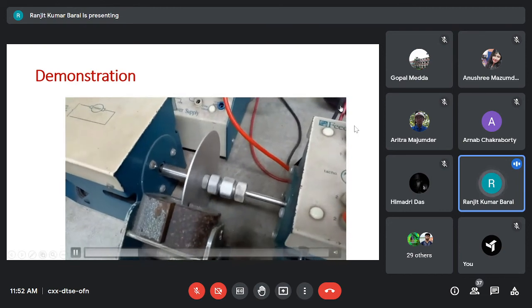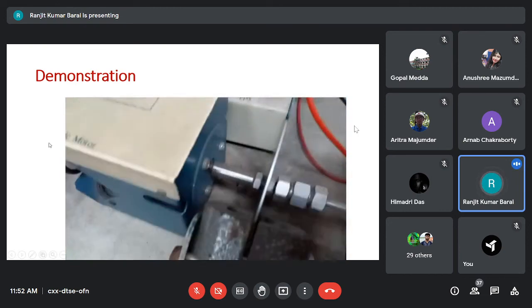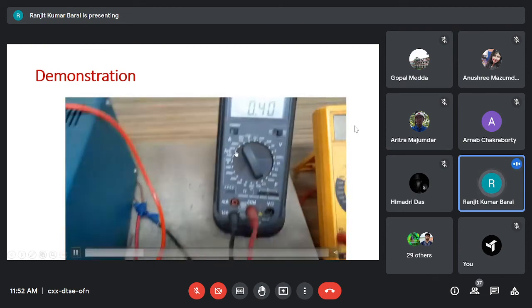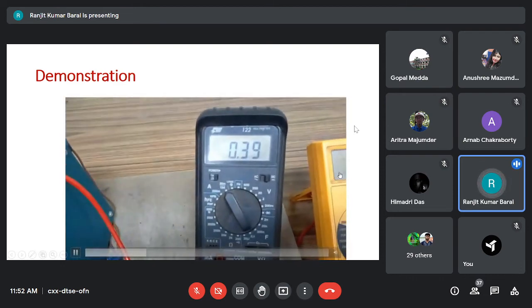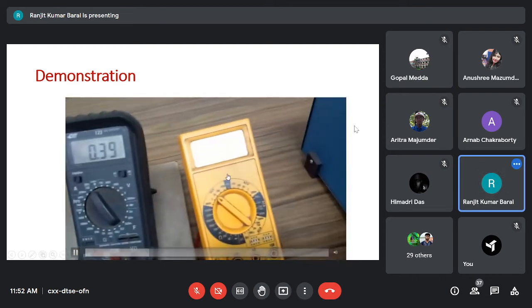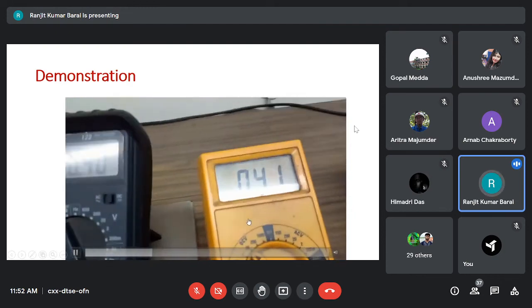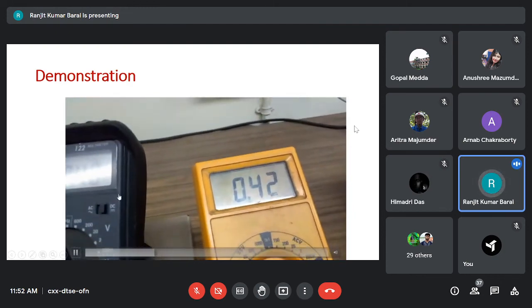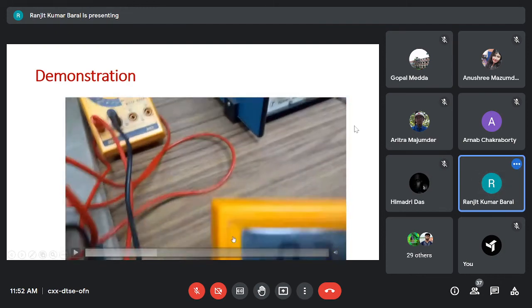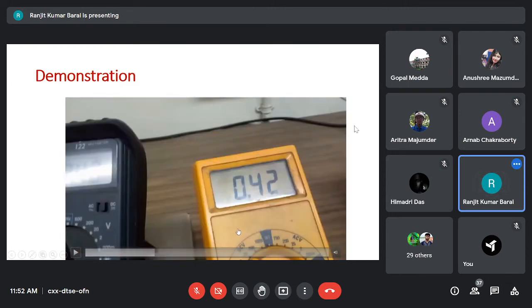One meter is giving the volt, the input voltage given to the servo amplifier, and the other one is the armature current. This is the voltage and this is the current, I think. Let me check. Yeah, okay.